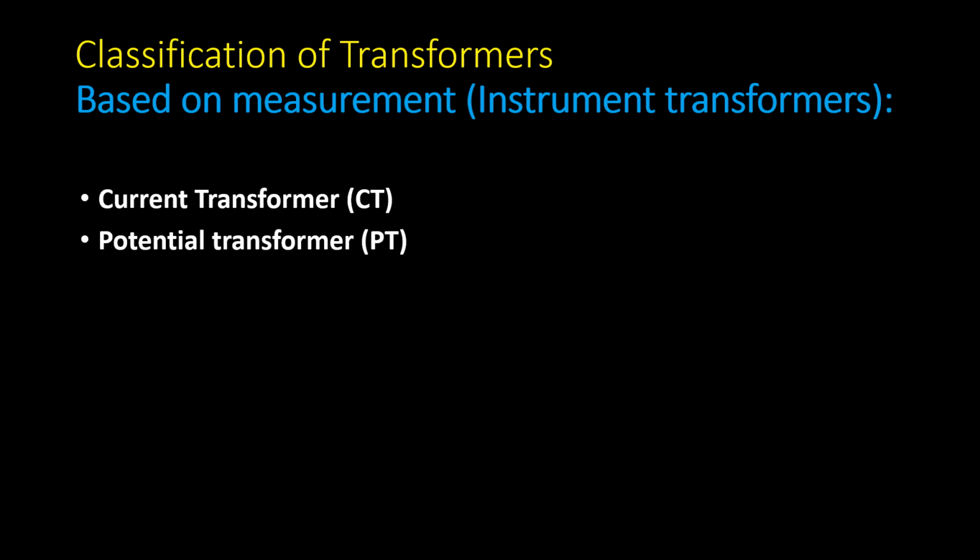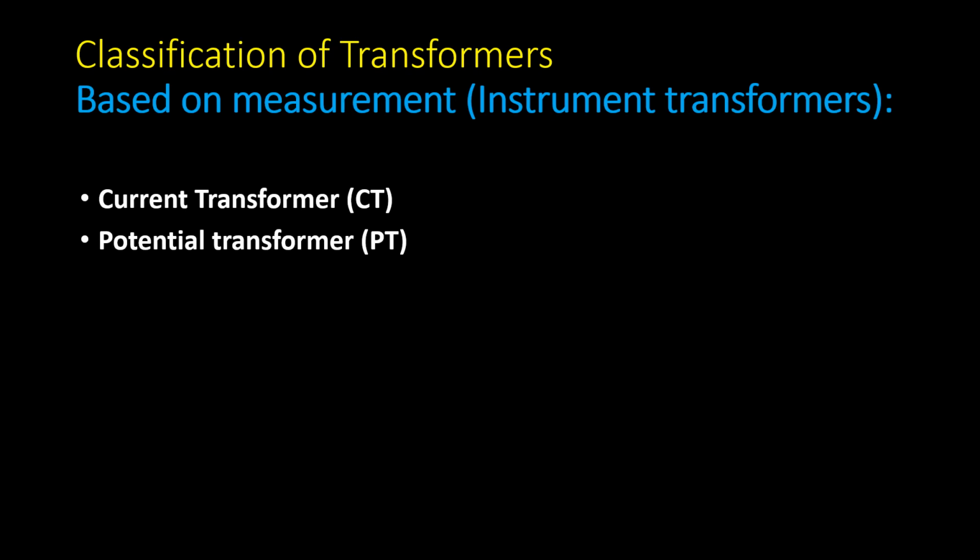On the basis of application, if you are utilizing a transformer for measurement purpose, then we have to select instrument transformers. Instrument transformers are of two types: one is current transformer and the other is potential transformer. For the measurement of current, you need a current transformer.